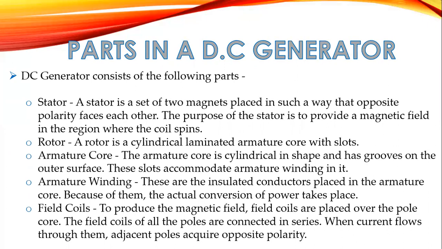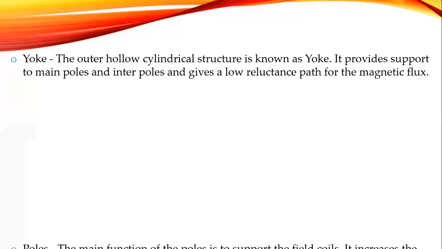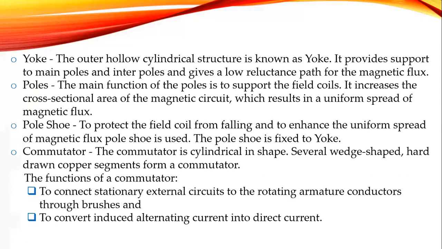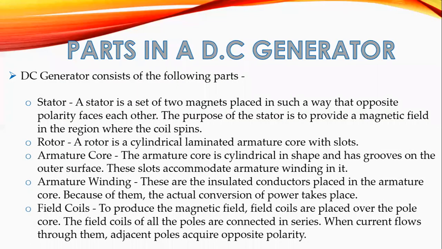Parts in a DC generator. A DC generator consists of the following parts: stator, rotor, armature core, armature winding, field coils, yoke, poles, pole shoe, commutator.